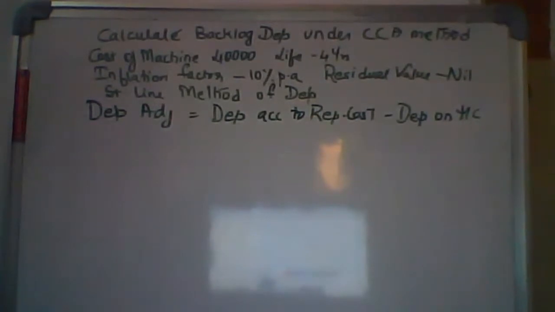That is basically depreciation adjustment. Okay, so depreciation according to replacement cost means applying the inflation factor. Depreciation on historical cost is on 40,000 rupees. So what do we need first here? We need to calculate the historical cost, the replacement cost, the depreciation according to historical cost, the depreciation according to replacement cost, and the difference between these two.